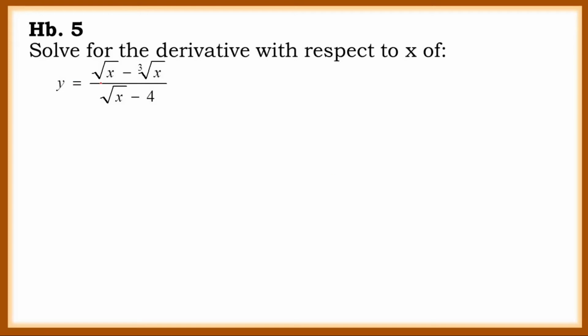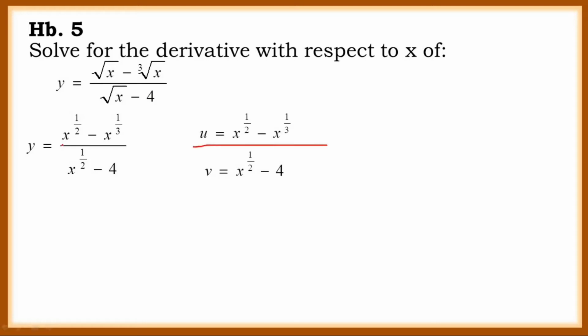Doing that, this is x raised to 1 over 2 at ang cube root of x naman natin ay x raised to 1 over 3. After that, pwede na nating i-apply yung concept natin ng quotient rule of differentiation. We have to let u be our numerator and we let v be our denominator.